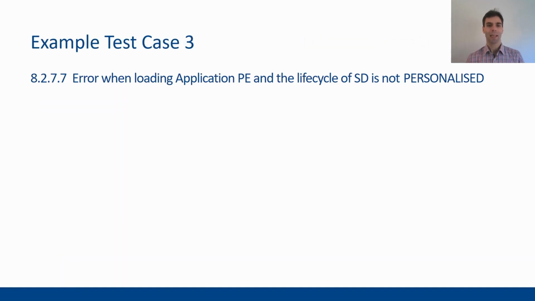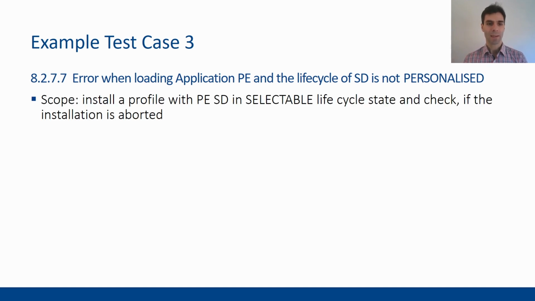Let's take a look at an error test case. How do we check a specified error behavior? The scope of the test case is to install a profile with PE SD in selectable lifecycle state and then check if the installation is aborted when we are trying to load an application PE.